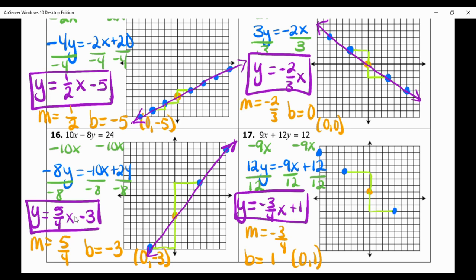One negative direction and one positive direction. That's as many points as we can fit, so we're ready to connect and extend with arrows. That's it for graphing linear equations in slope-intercept form, 3-5 part 2.